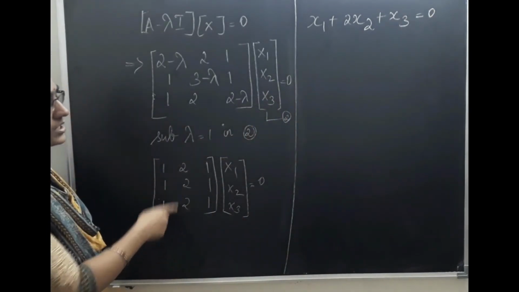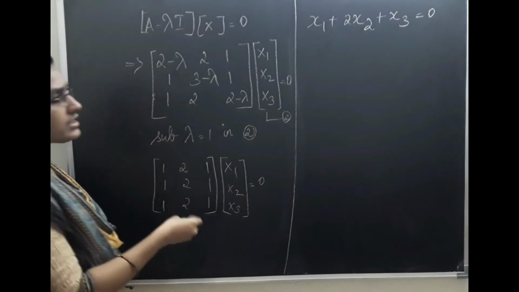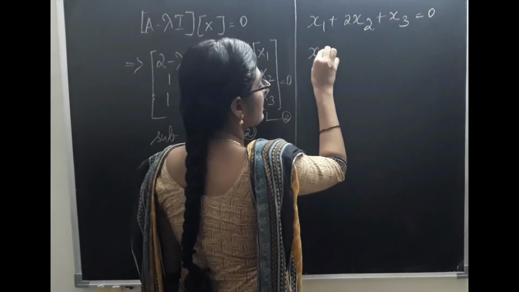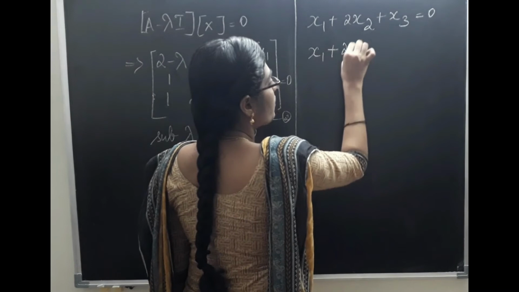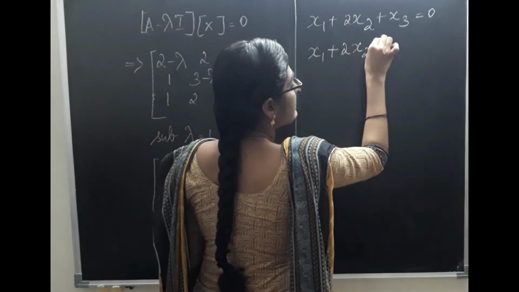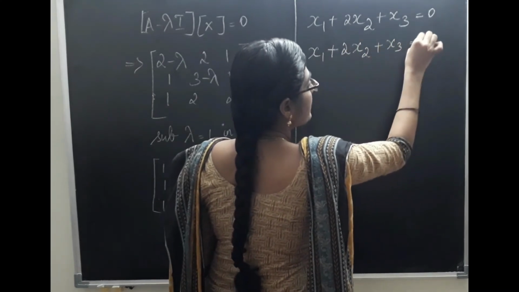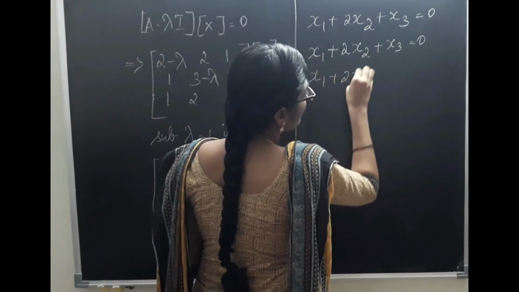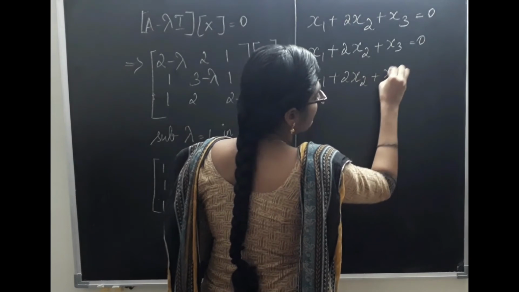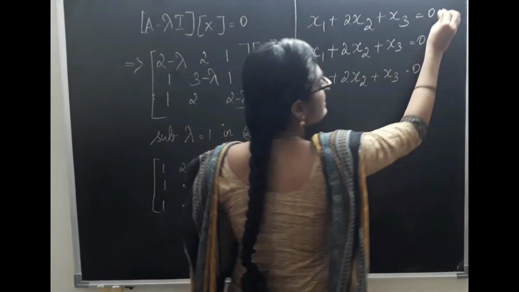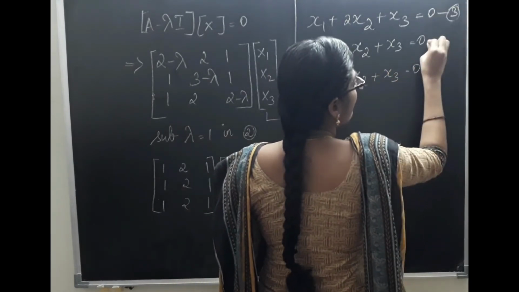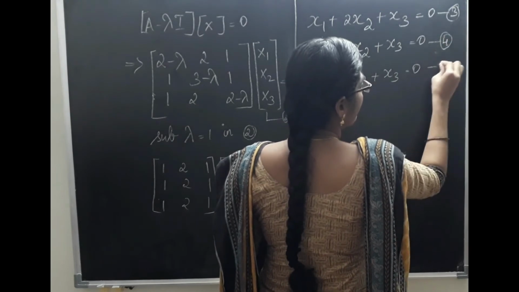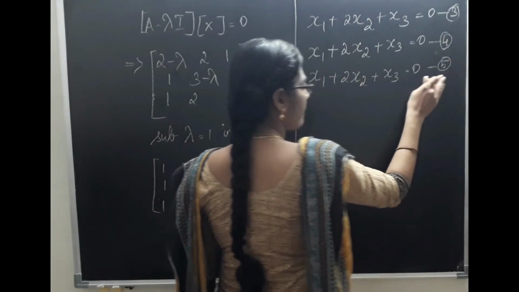Since all the remaining rows are the same as the first, we will get similar equations: x1 plus 2x2 plus x3 equal to 0, x1 plus 2x2 plus x3 equal to 0. So consider these as the third, fourth and fifth equations.